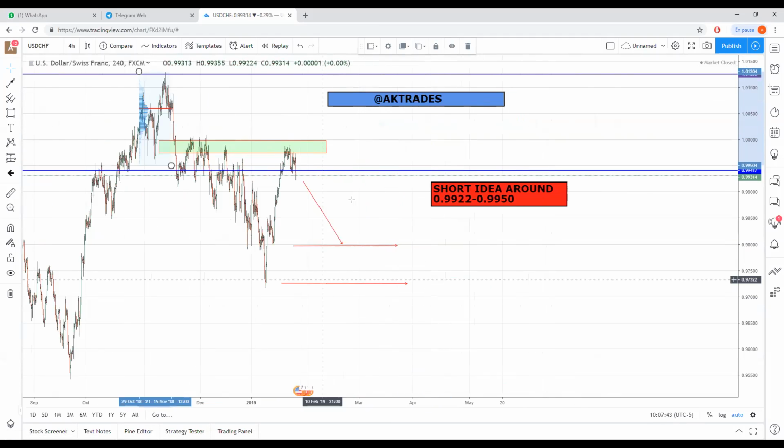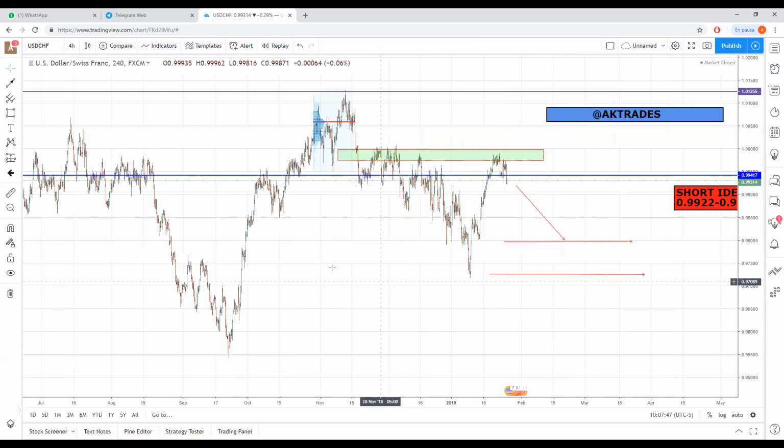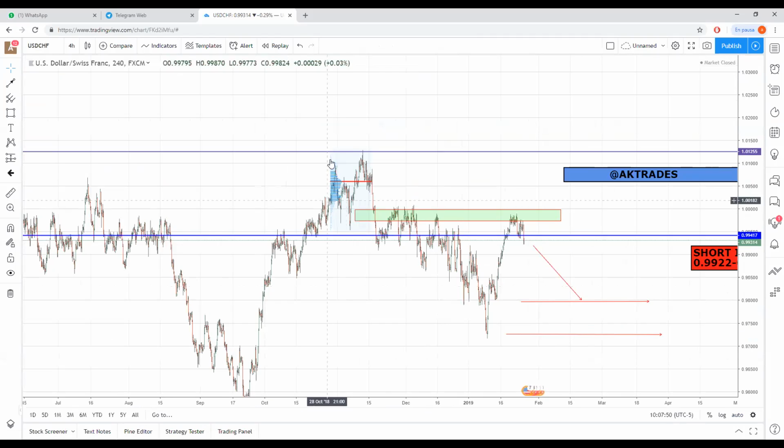So if we zoom in, we can see that we have a rather equal distribution. I mean, there's no clear volume node, it is quite uniform, but the bigger volumes were accumulated around 100582.